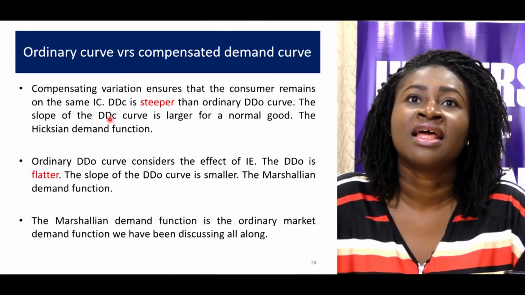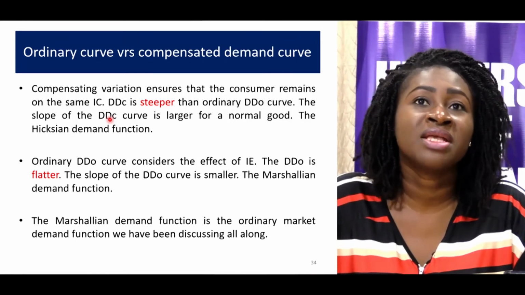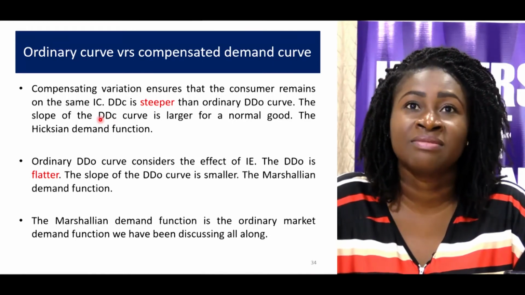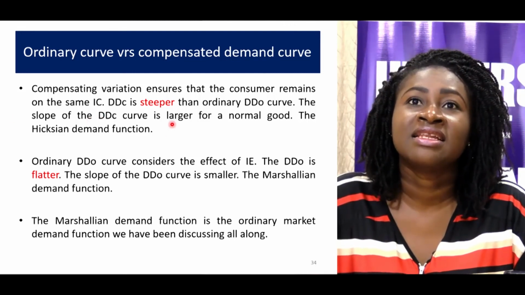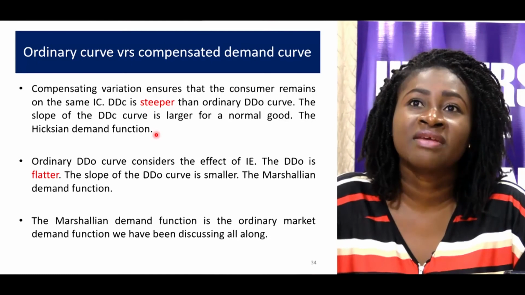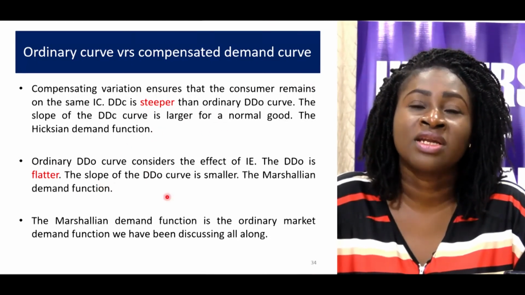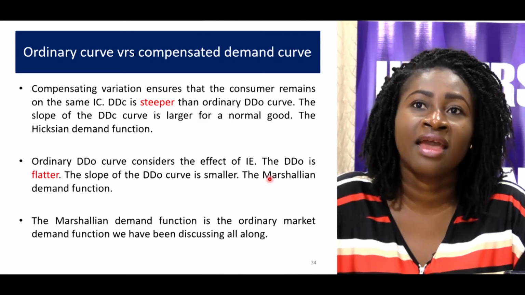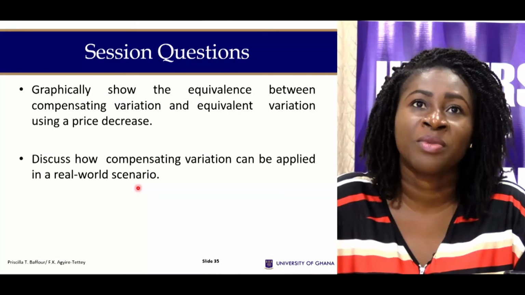And then I will move on lastly to the difference between compensated and ordinary demand curves. We know that the compensated variation ensures the consumer remains on the same indifference curve. So that compensated demand curve is steeper compared to the ordinary, because the ordinary, which is the Marshallian demand curve, includes both substitution and income effect.